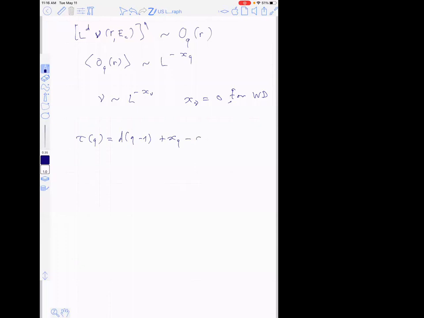So this is the relation between the exponents here. So once you know the field theory exponents, the scaling dimensions of these operators, and x nu is simply x1.